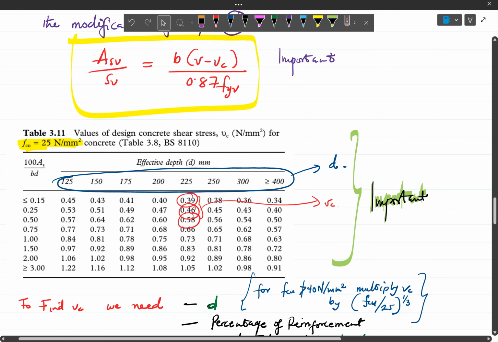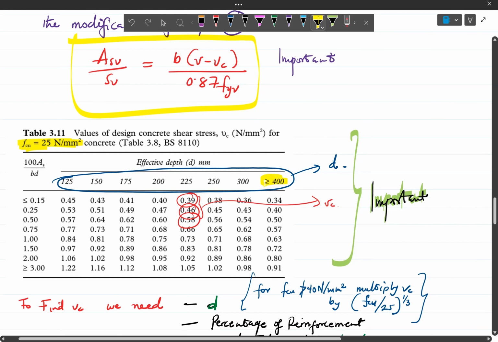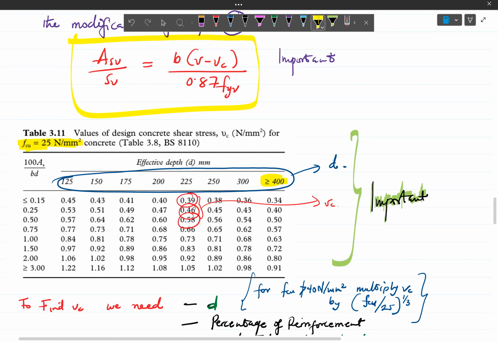We have to find VC, right? Our effective depth is 547. So 547 is greater than 400. So from here, anything higher than 400 will lie in this space.